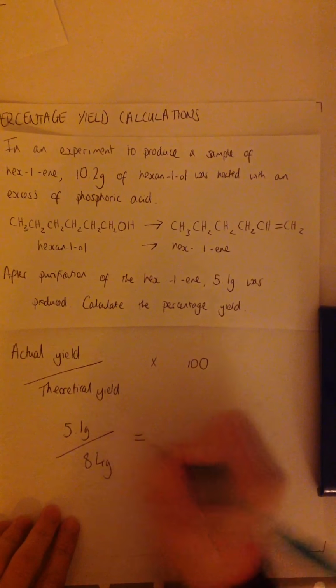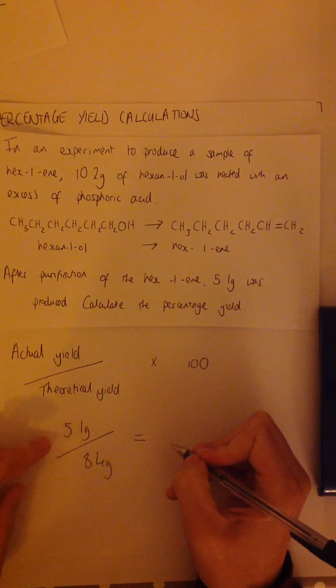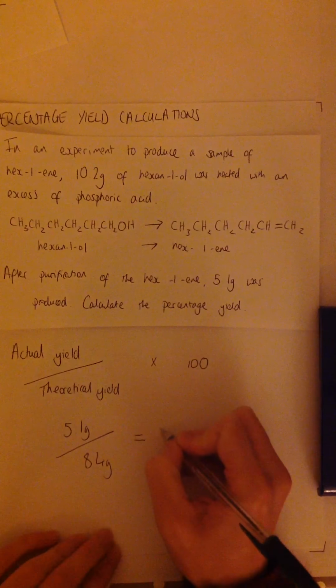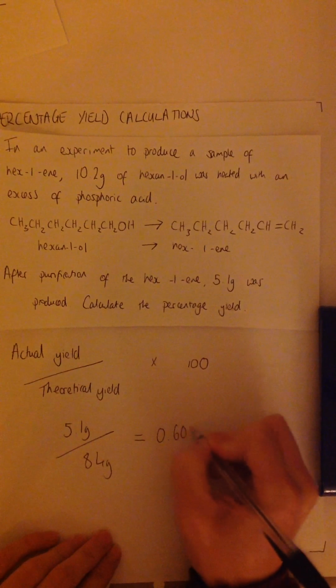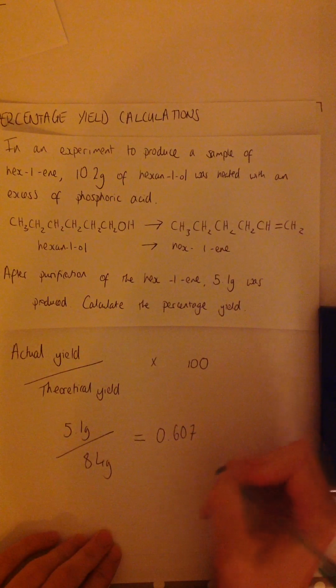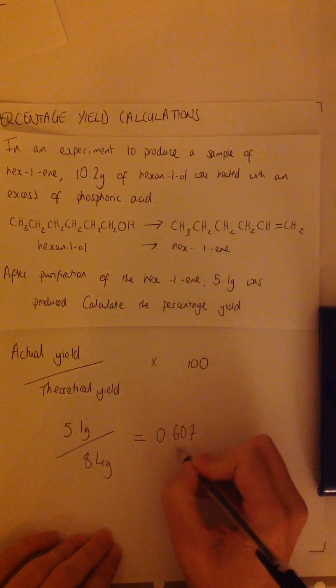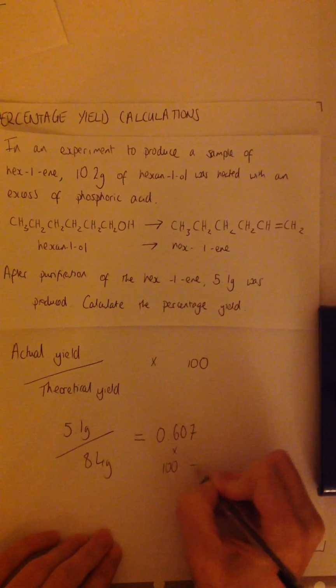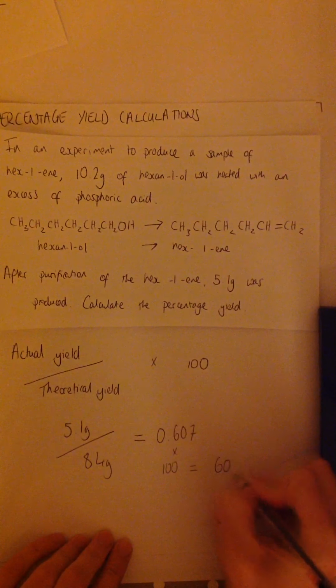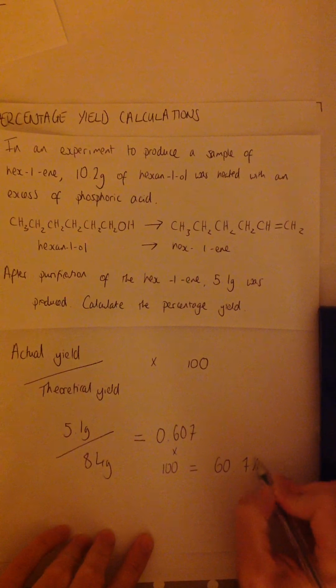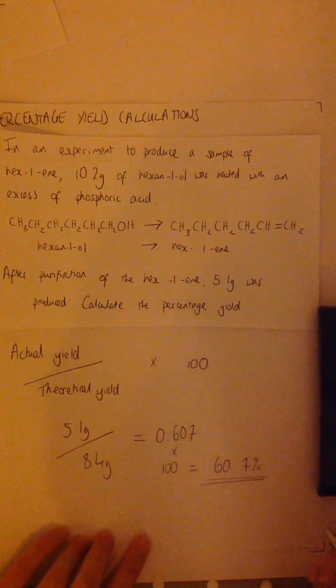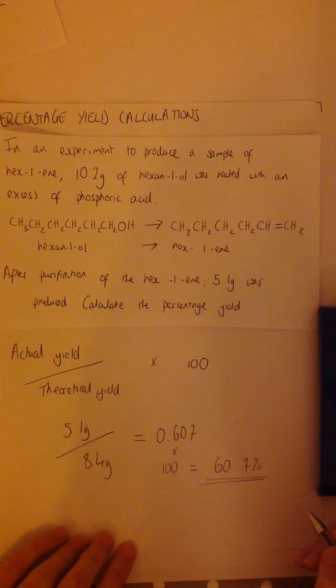If I divide 5.1 by 8.4, we get 0.607. I then need to multiply this by 100 to give me a percentage, which gives me 60.7%. And this is our percentage yield.